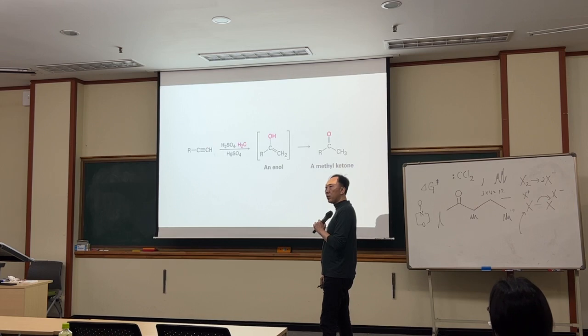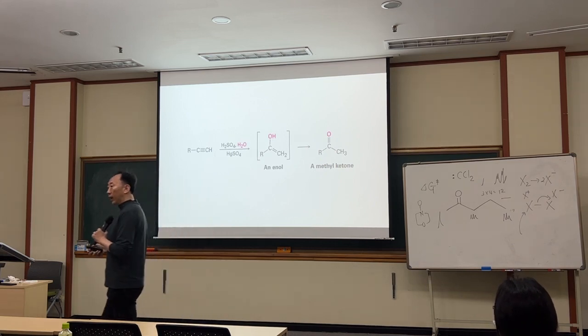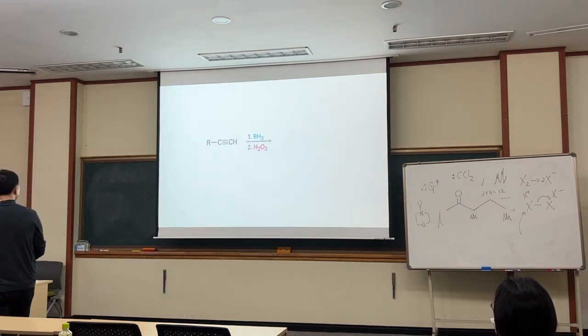Oxymercuration gives you a Markovnikov product. Means hydroxyl group is added here, the more substituted position. That's why OH is added here, not here. This is the inner side, that's why the product is a ketone. Then we can compare this with hydroboration.